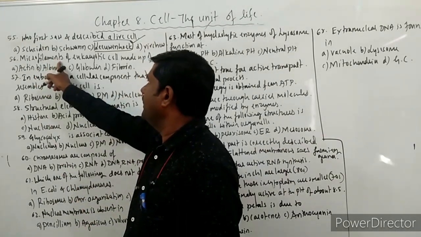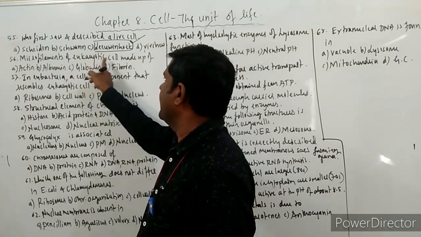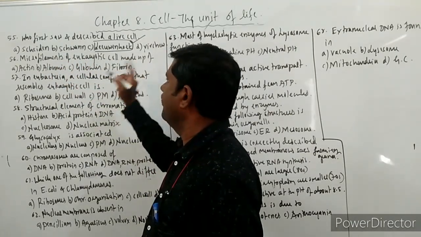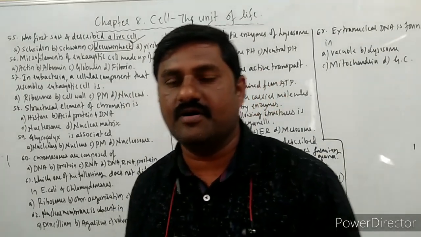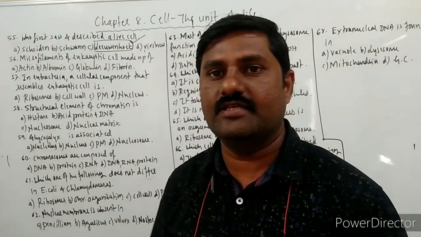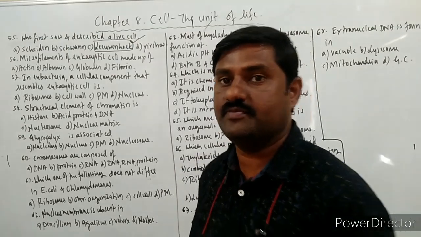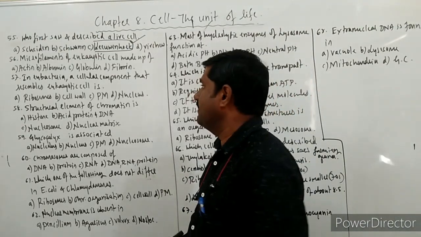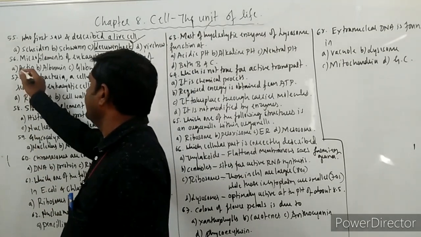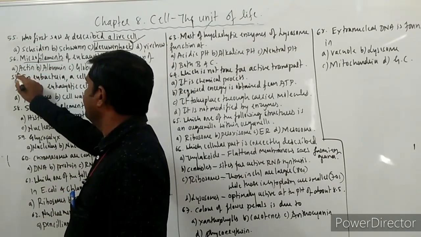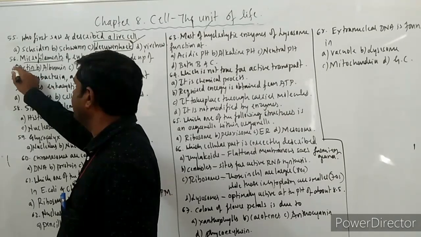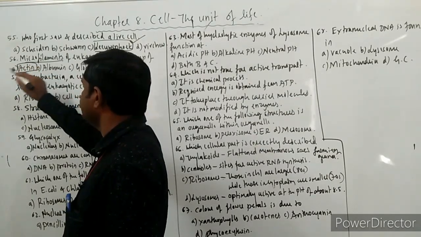So microfilaments of the eukaryotic cell: already we know the endoskeletal system of the cell. What is it made up of? Microtubules and microfilaments. Such microfilaments are usually made up of one of the proteins called actin.